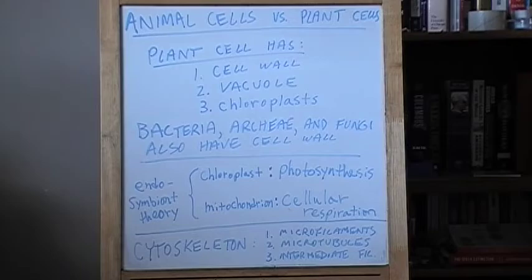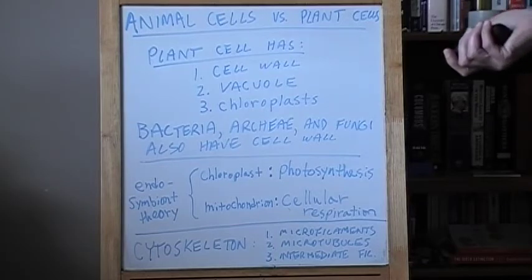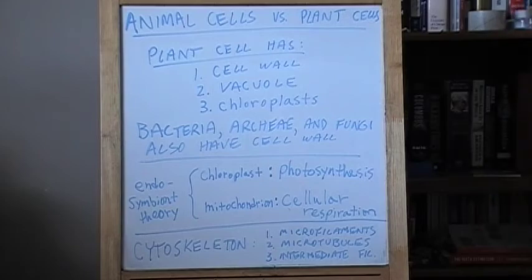Another line of evidence for the endosymbiont theory is that the mitochondria and chloroplasts' DNA more closely resembles that of bacteria compared to eukaryote DNA. And also the mitochondria and chloroplasts have their own ribosomes. And those ribosomes resemble more closely the ribosomes of bacteria.